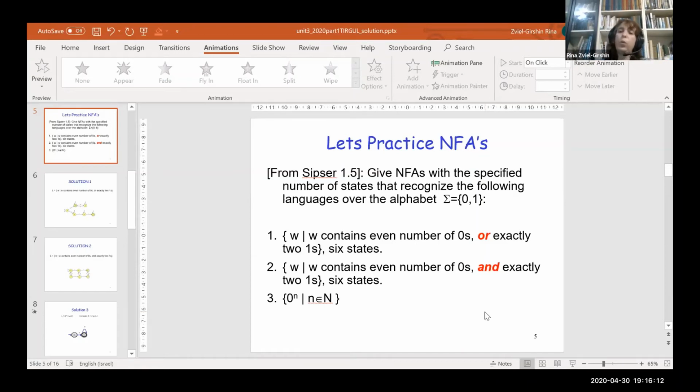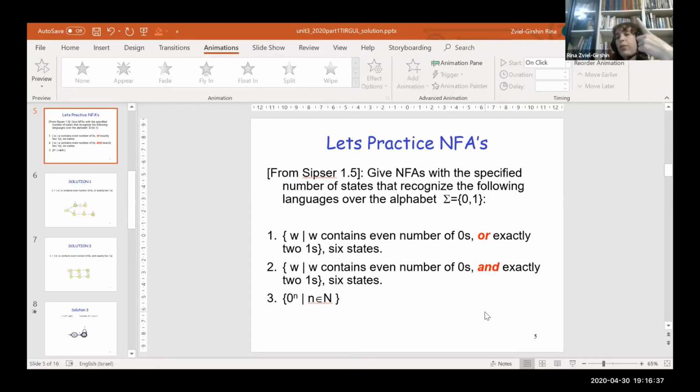So actually we will have 0, 0 to the power of 2, 0 to the power of 3, 0 to the power of 4, and so on. The first question: can I solve this question with only one state? No. Why? Because then you start with no zeros and it would be correct, with nothing, I mean.